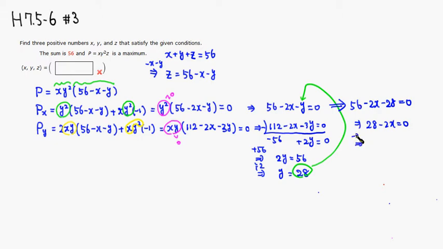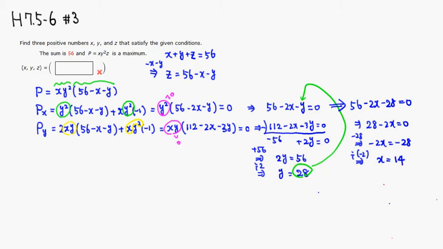Then subtract 28, so negative 2x is equal to negative 28. Then divide through by negative 2, so x is going to be 14. So we have x is 14 and y is 28.